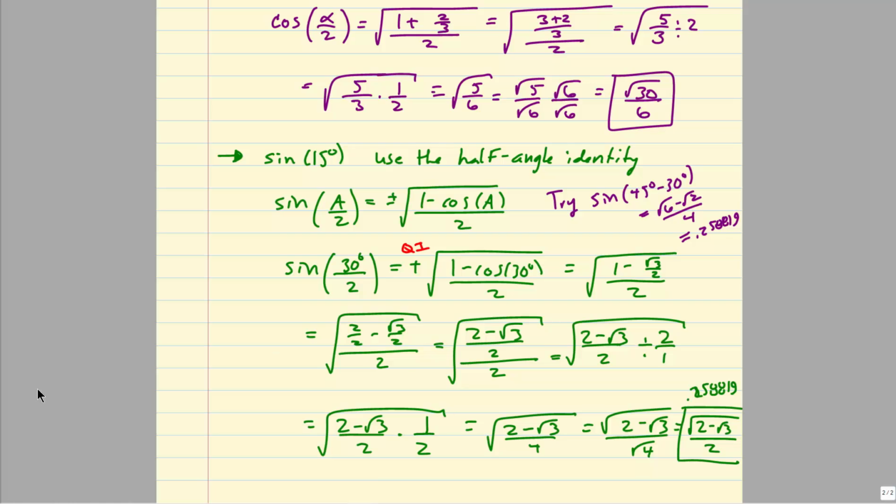Okay, so just like we've done before, let's go ahead and find another exact value. This one is going to be cosine. So let's go ahead and find the exact value of cosine pi over 12. Okay, so if you're not very good with radians, go ahead and convert this.